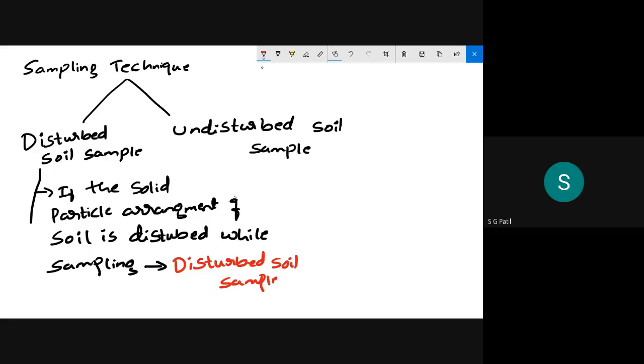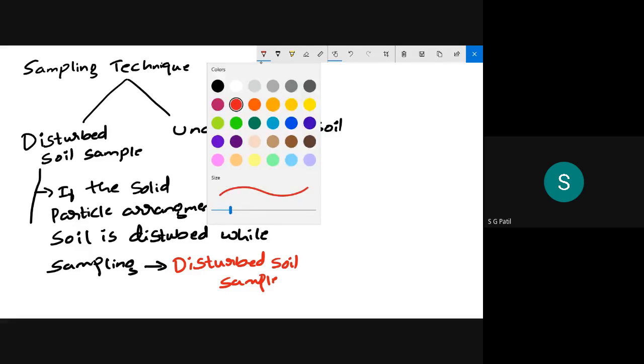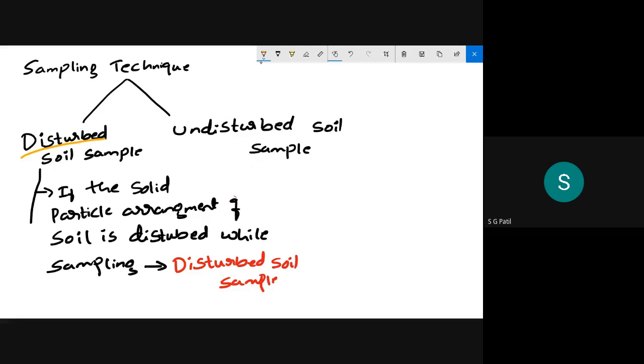Again, to get these disturbed or undisturbed soil samples, we need samplers.